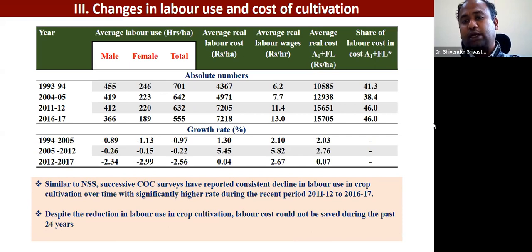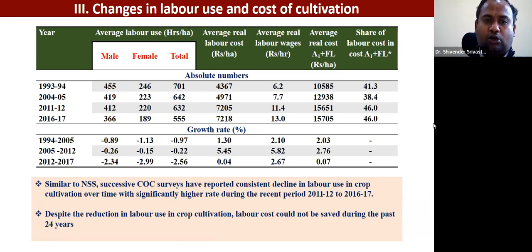I estimated an average cost A1 plus FL using about 10 crops across the states using their area weights, and found that about 46% of the cost A1 and family labor is constituted by labor. So if we need to minimize our cost, we need to see if we can minimize or manage the labor, so we will be successfully minimizing the cost of cultivation also.